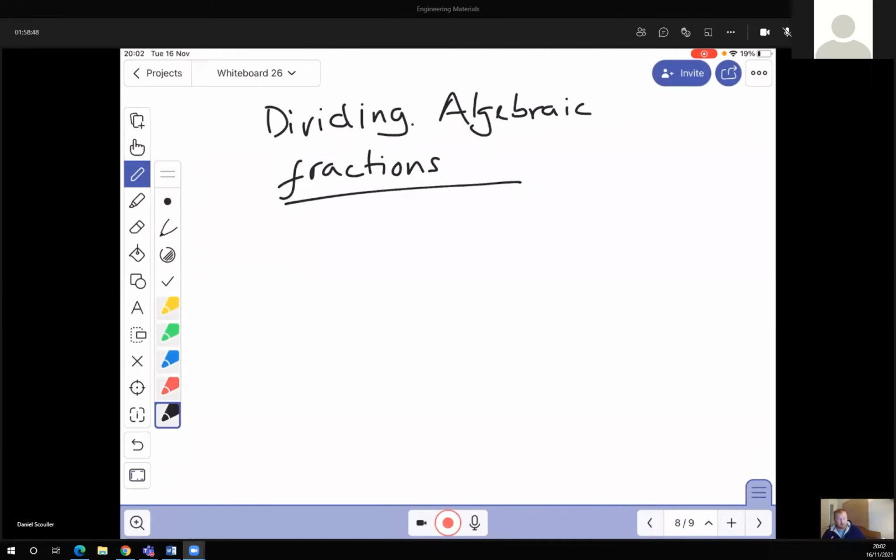Doesn't look right. So the trick when you're dividing fractions: when you've got a over b divided by c over d, what we're doing is we keep that the same, we change the division to a multiply, and then we flip that upside down.